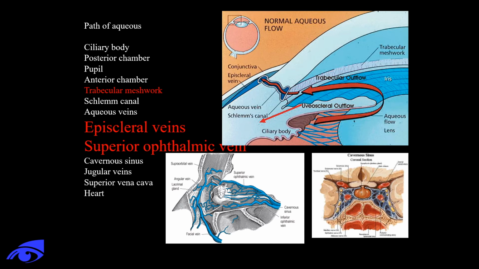From there, it flows downstream through the episcleral veins and the superior ophthalmic vein back into the venous circulation of the body. And it is at this step where the pressure can become high in Sturge-Weber syndrome, because when there is a hemangioma affecting the surface of the eye or in the eye socket, the episcleral venous system and the superior ophthalmic veins do not work properly, and pressure can build up inside the eye.